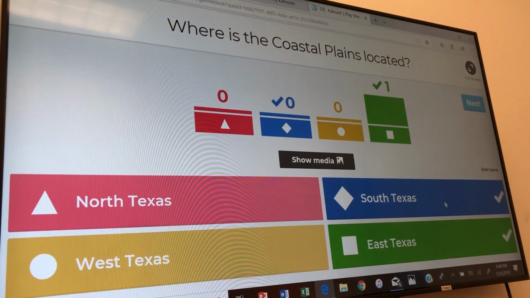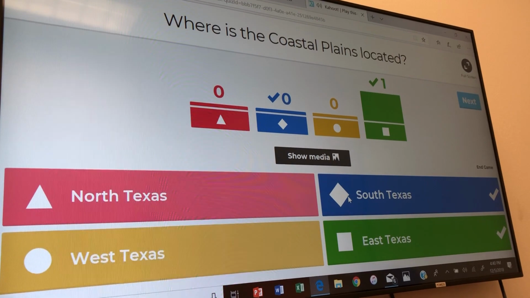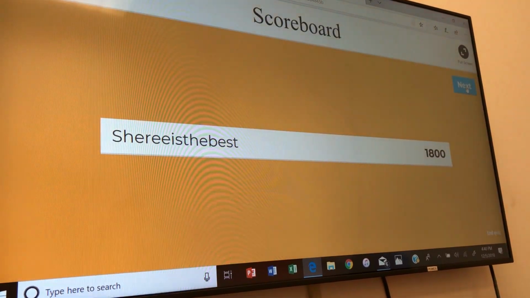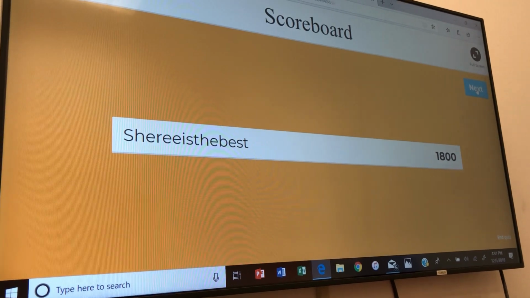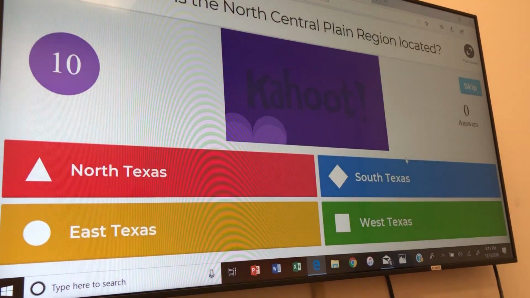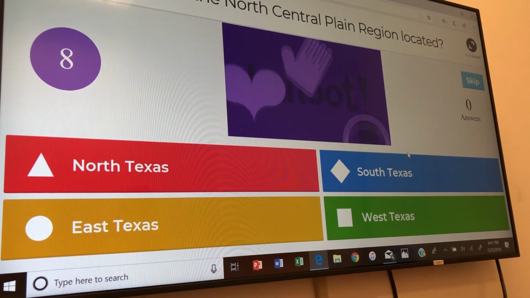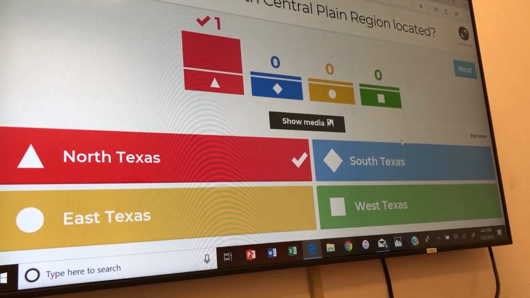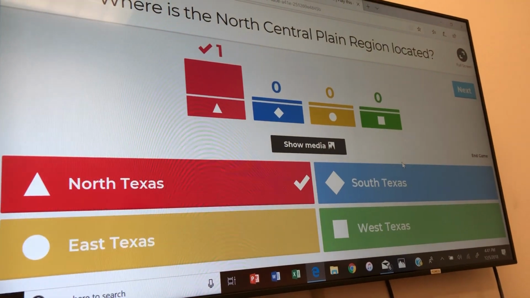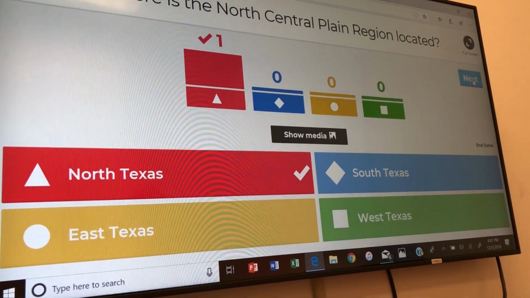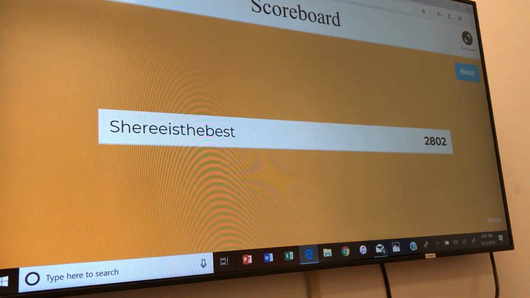That is correct. The coastal plains is actually located in South and East Texas. Where is the North Central Plain region located? That is correct. North Texas is considered the North Central Plain region. Good job. Thank you.